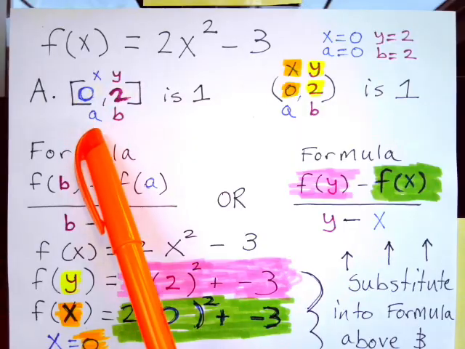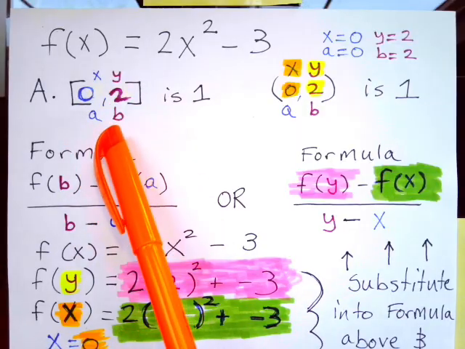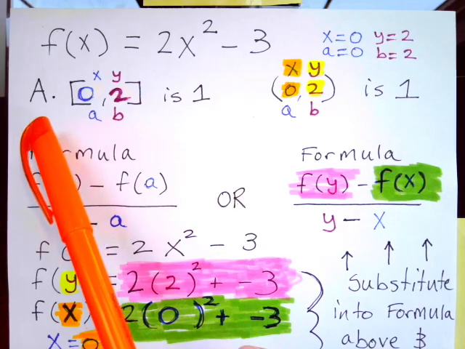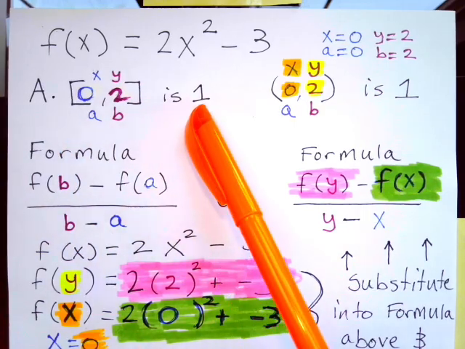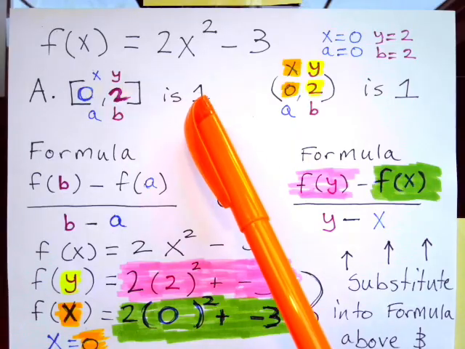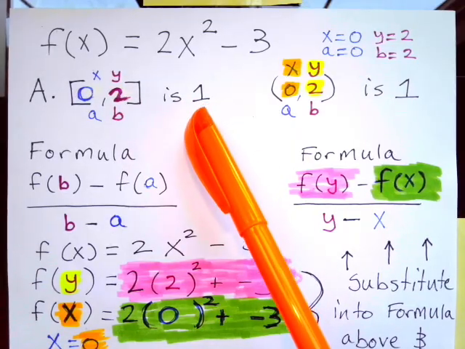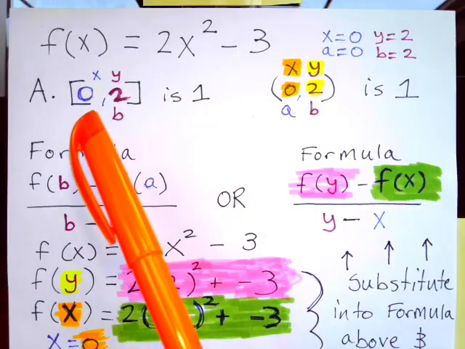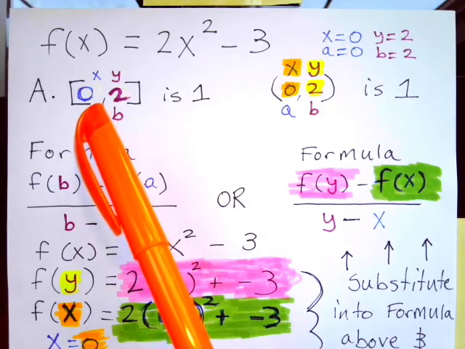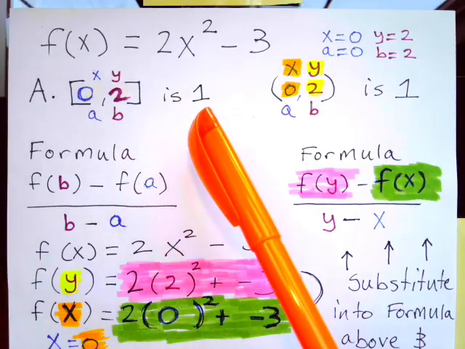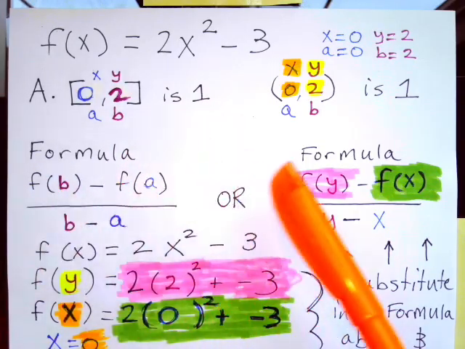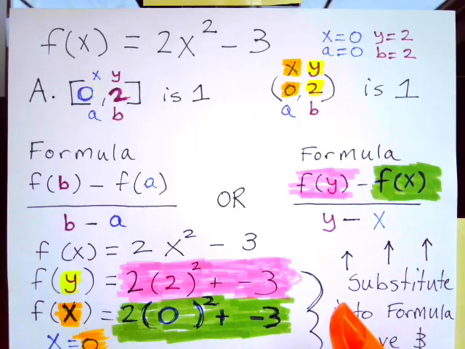The x value is also the A, the y value is also the B. So in option A, they give you the brackets and they say the interval is 1. So after we get done simplifying, if the rate of change of 0 and 2 is an interval of 1, we'll come up with 1 after using the formulas, right?